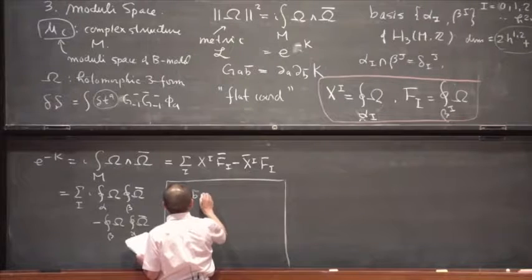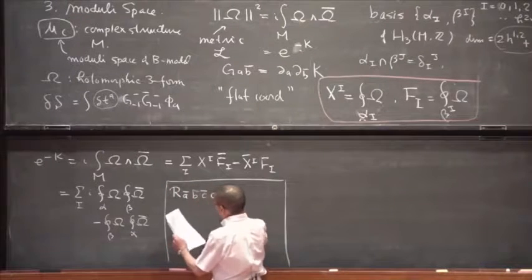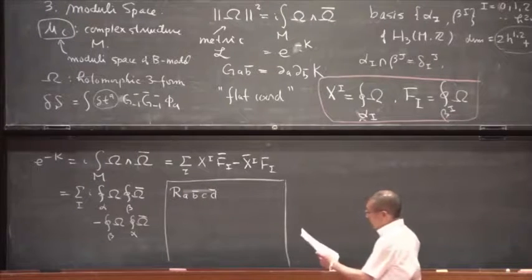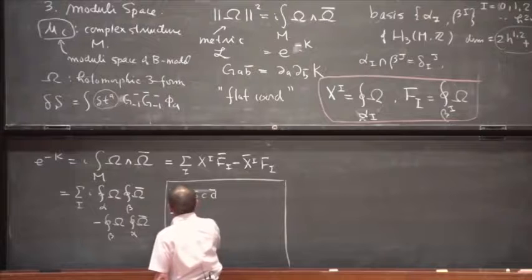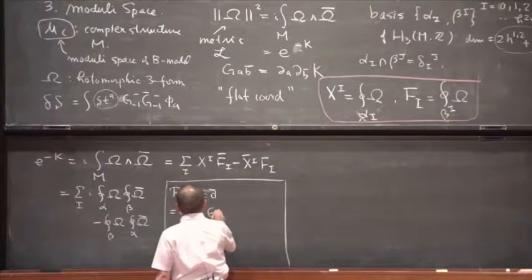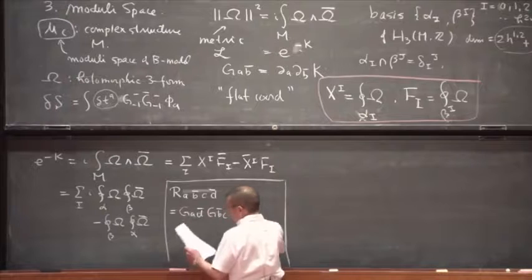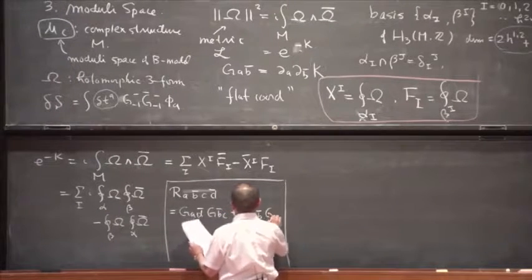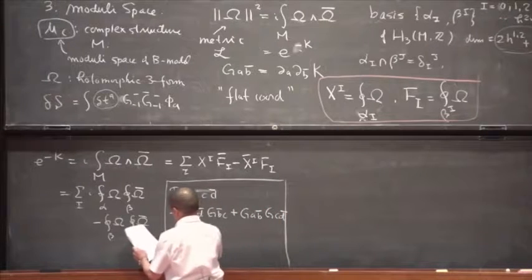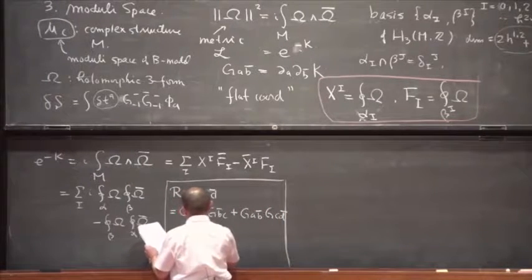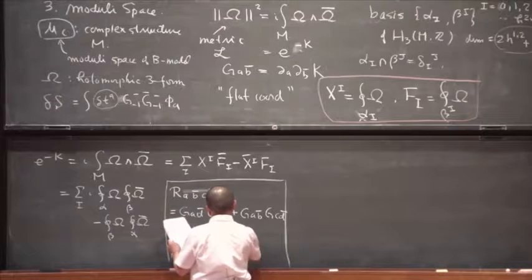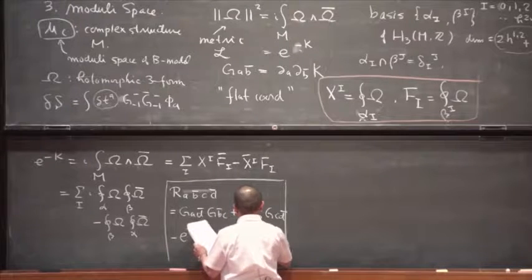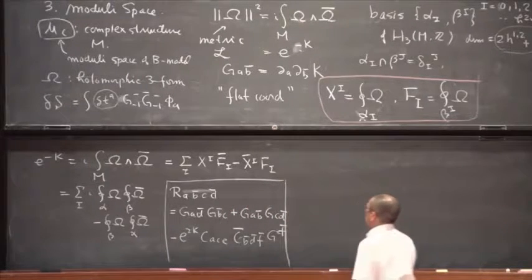So this is the Riemann curvature on the moduli space of a Calabi-Yau manifold, and it turns out to be simply expressed in terms of the three-point coupling and the metric itself.